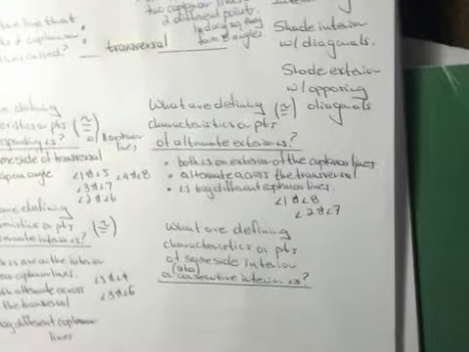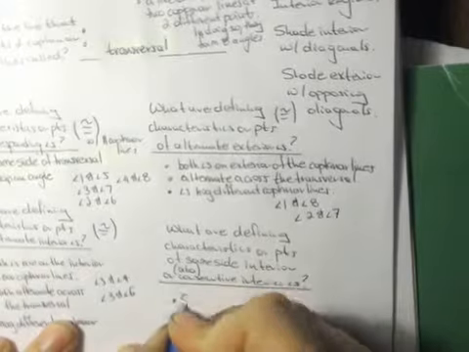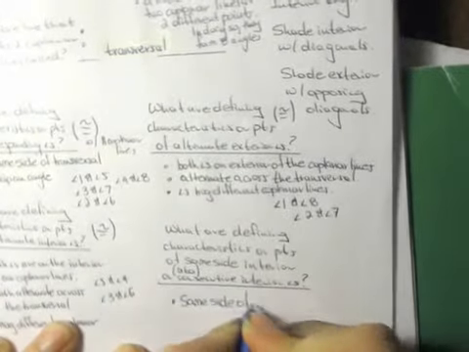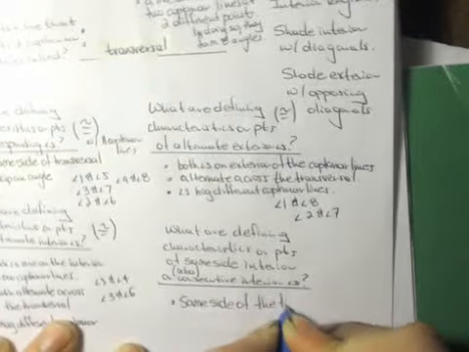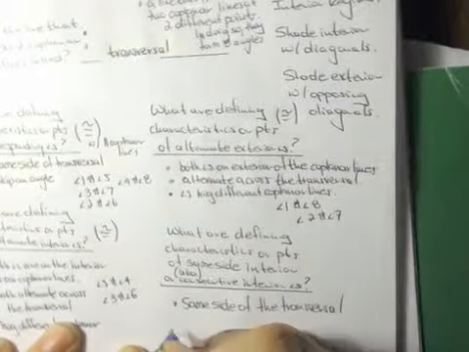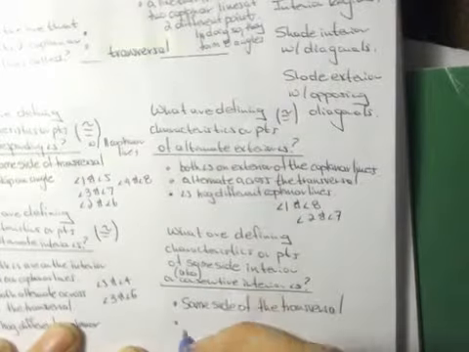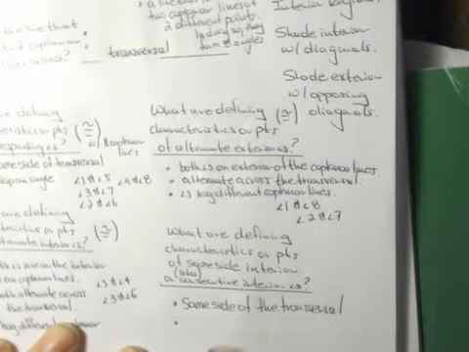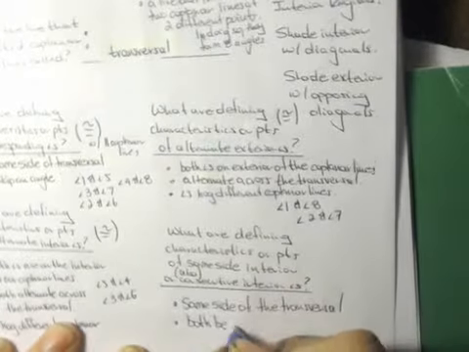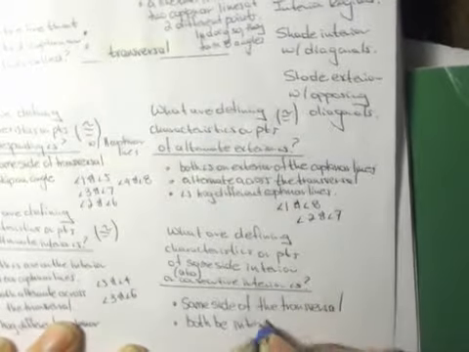The defining characteristics or points of same-side interior angles. They have to be on the same side of the transversal, and they have to both be interior angles.